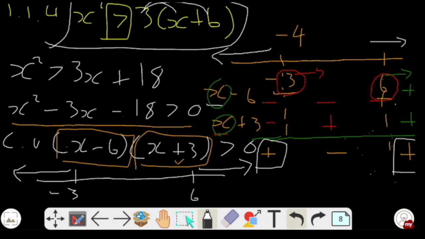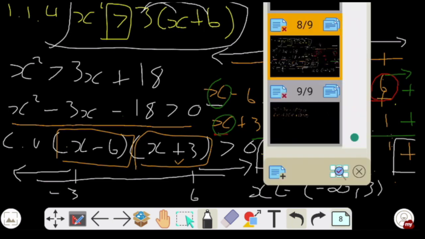Now we note this by saying x is an element of the interval from negative infinity to negative 3.